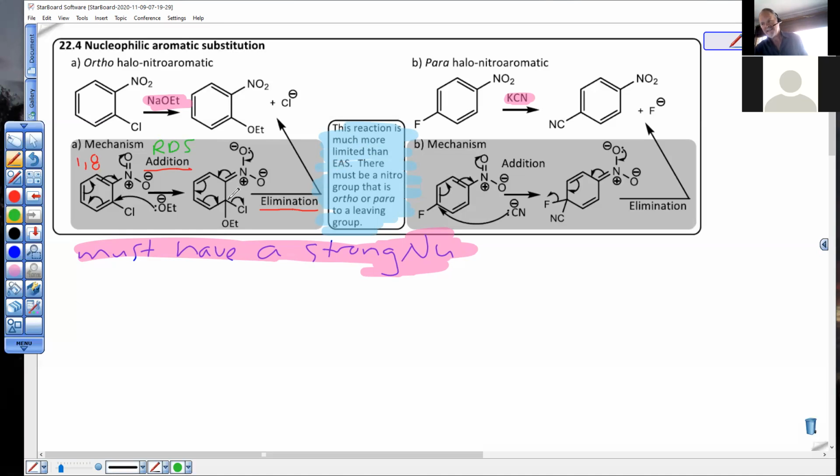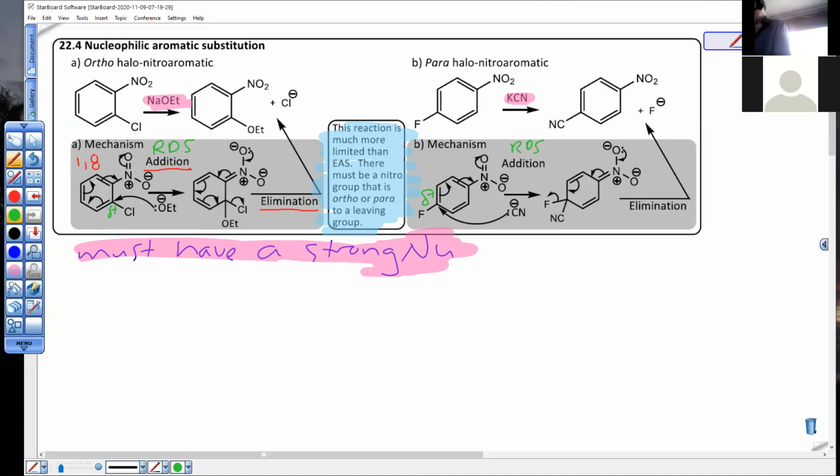And if you can't resonate in the cycle, you're not aromatic. So addition's rate determining, which is why fluorine is even better than chlorine, because it makes the carbon feel more positive over here than the carbon did over here. Not quite as positive. So that'll speed up the rate determining first step.